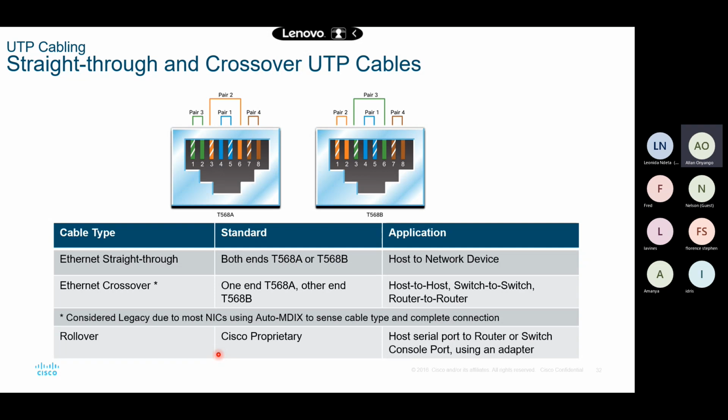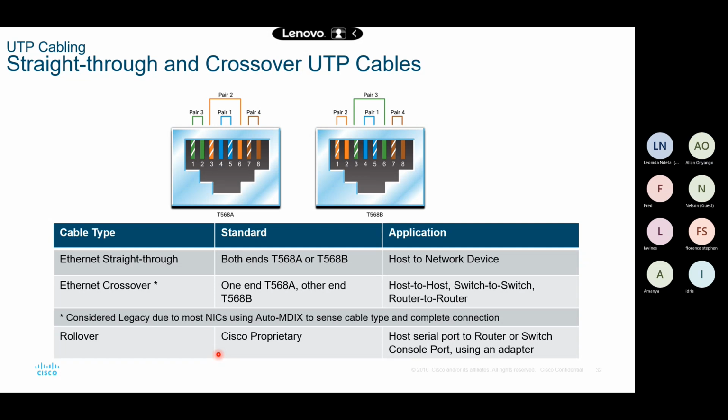That means if you have two of the same devices, like switches, where you are supposed to use a crossover cable, you can still use a copper straight-through cable to connect them, because the interfaces will automatically sense and adjust to the cable type. We call it auto-MDIX.